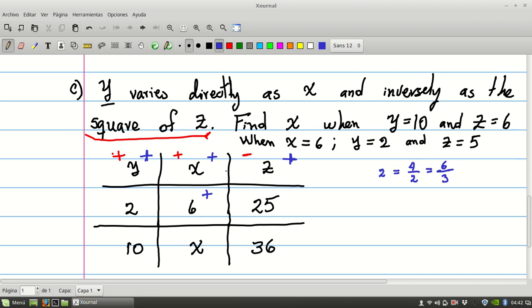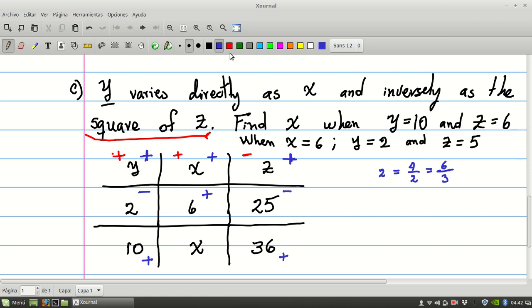Okay, so to solve the situation we need to follow the blue increasing or decreasing, the blue variation. So here, as x increases, y increases, and as x increases, keeping y as a constant, z increases.